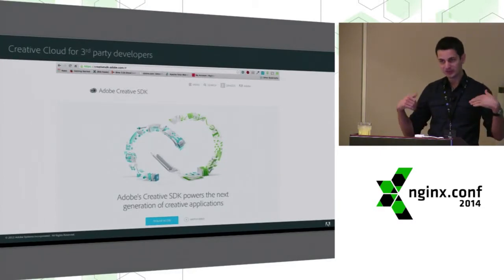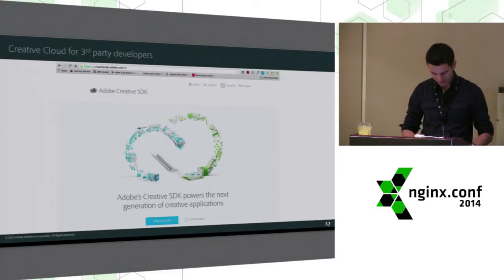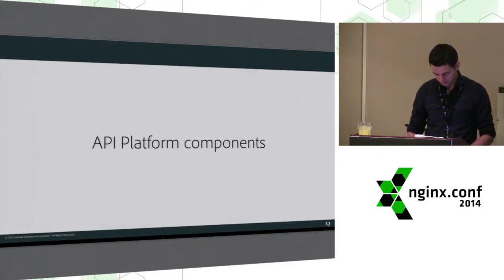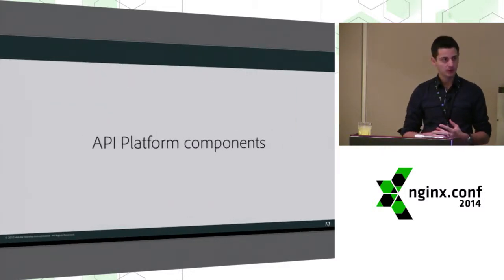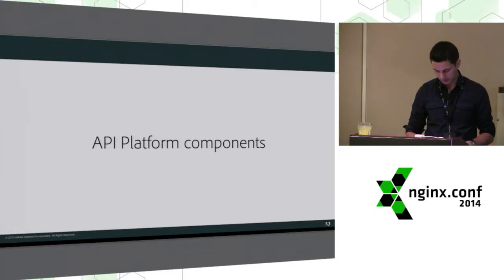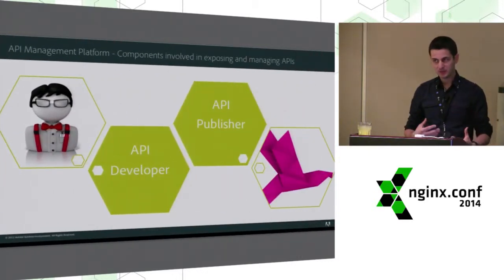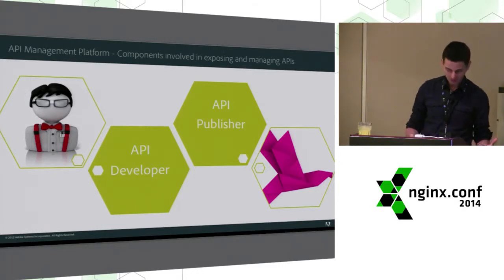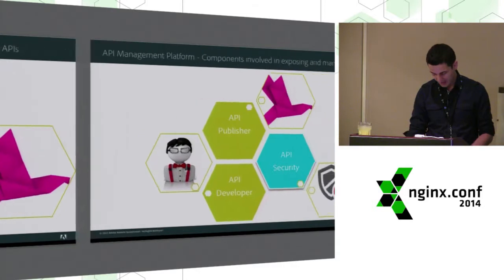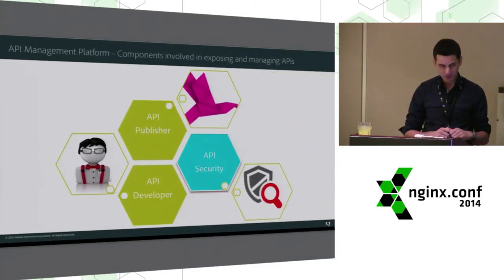Okay, so now let's move behind the scenes in the time that we have left. Basically, we're building a few components in the API platform at Adobe. When you expose an API, you have somebody that exposes an API and somebody that wants to consume. So this is how the story starts. And then you realize that when you have to expose an API, you want to put some security in place.